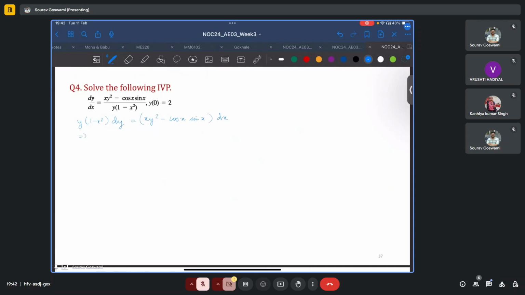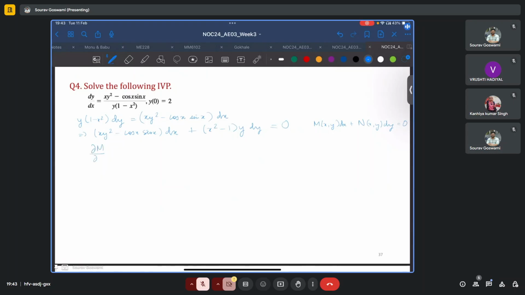This should imply that (xy square minus cos x sin x) dx plus (x square minus 1) y dy is 0. And this is looking familiar, or similar to the form M dx plus N dy is 0. And let us check if this given equation is exact or not.